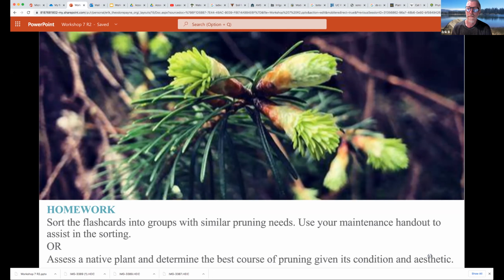So, you know, it's a mallow. They're pretty easy to take care of, and if they're not looking their best, cut them back to like 6 inches or something. You'll get a nice even growth back in the spring. Okay. And then use your handy dandy guide just to verify.